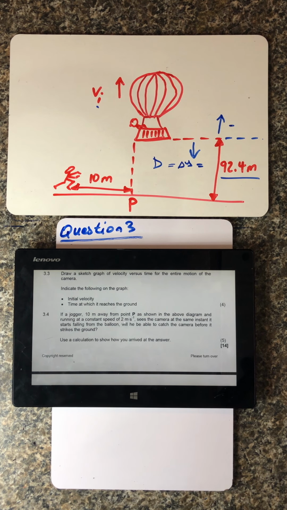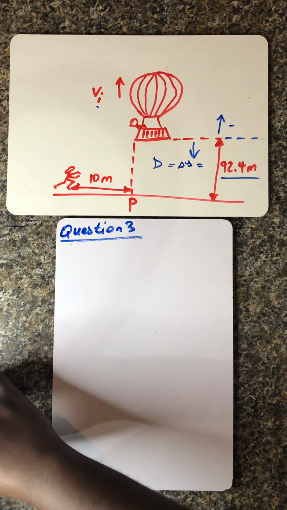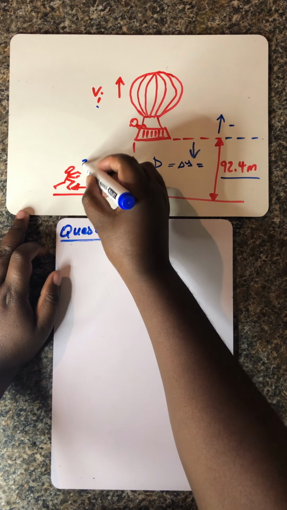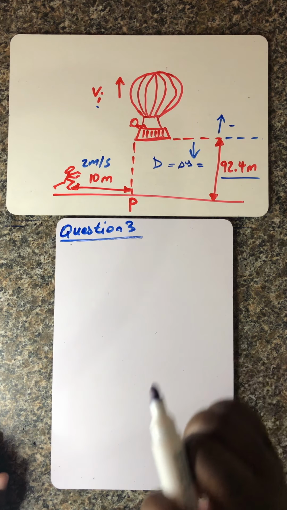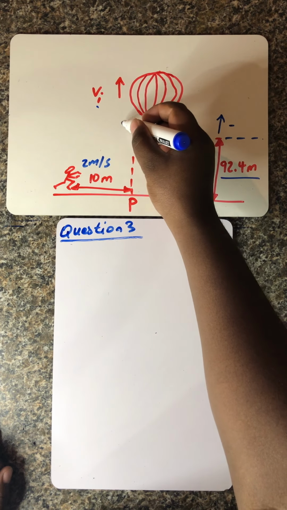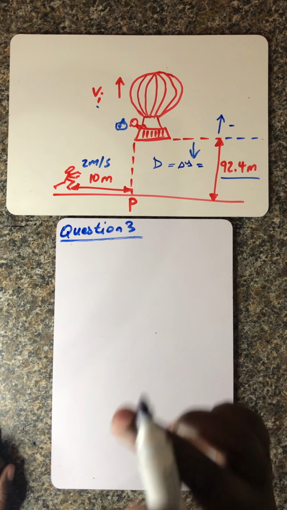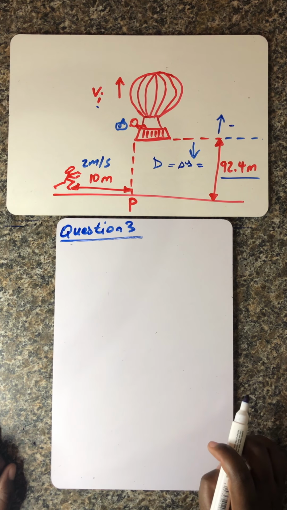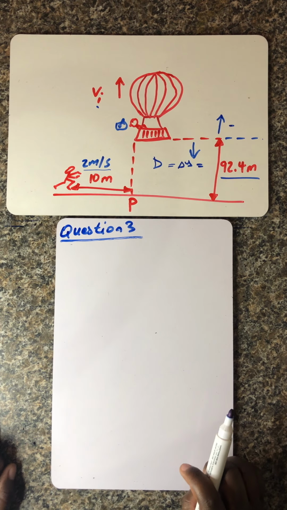Ladies and gentlemen, it is very important that you understand what's going on over there. So let me take this away and write the important information. At the same instant that the camera is being dropped, there's a runner running at a constant speed of 2 meters per second.